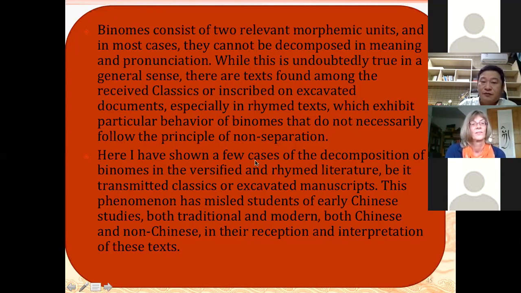Here, I have shown a few cases of the decomposition of binomes in versified and rhymed literature, be it transmitted classics or excavated manuscripts.